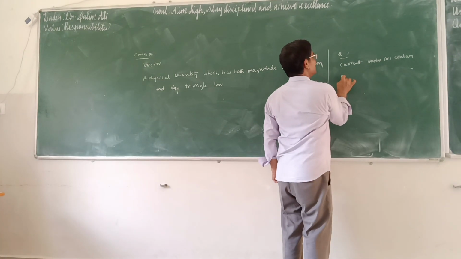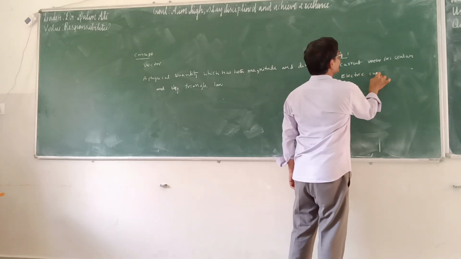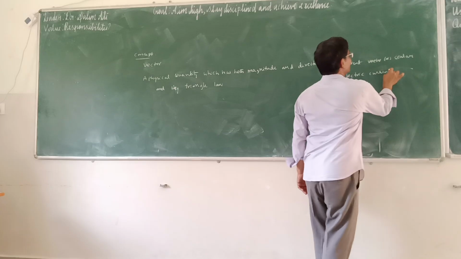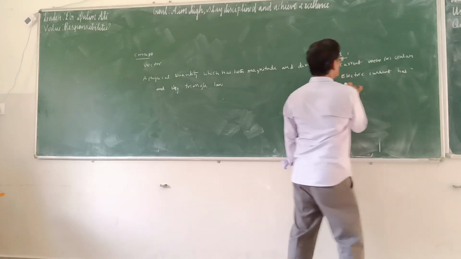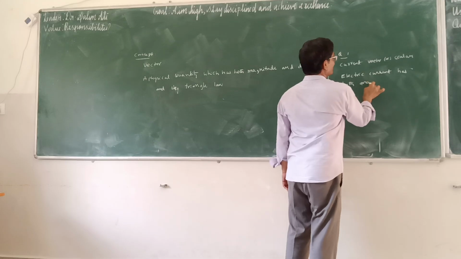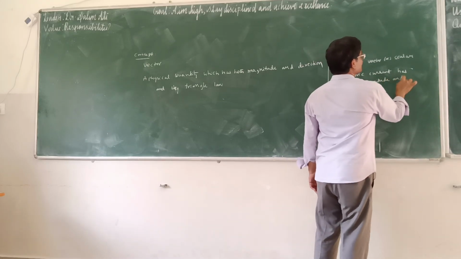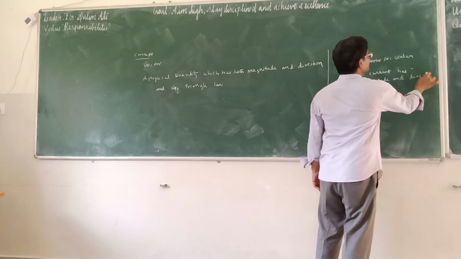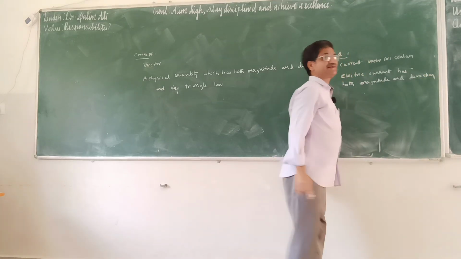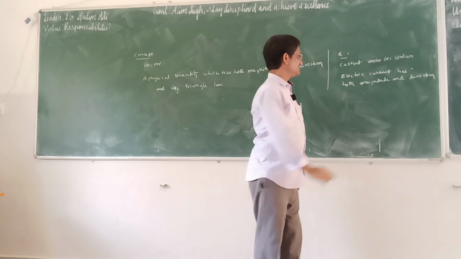Electric current has both magnitude and direction. Magnitude means how much, 5 ampere. Direction, from the positive terminal of the battery to the negative terminal of the battery.